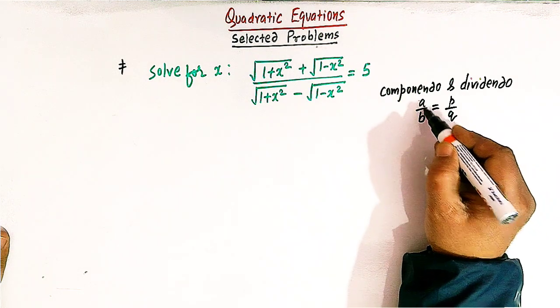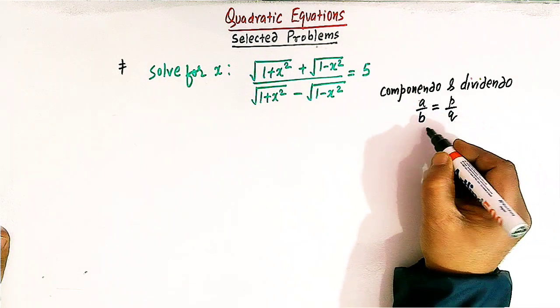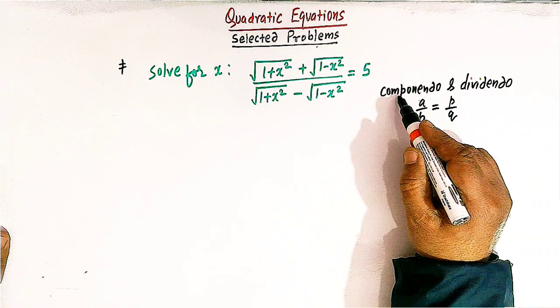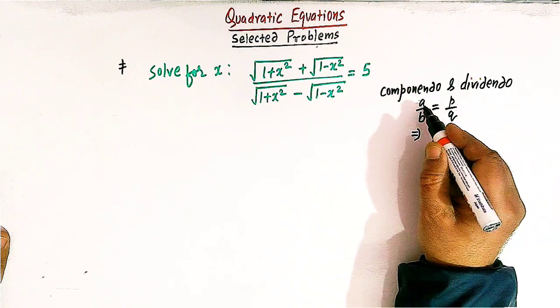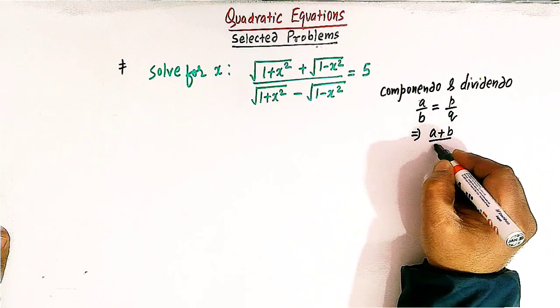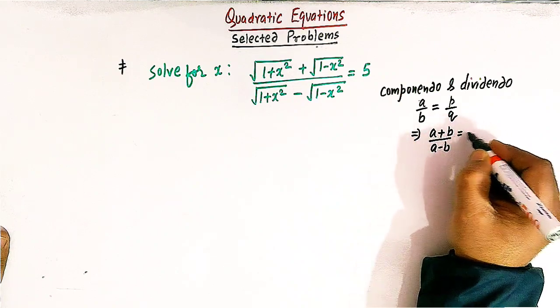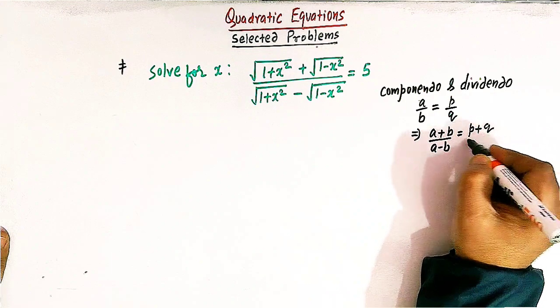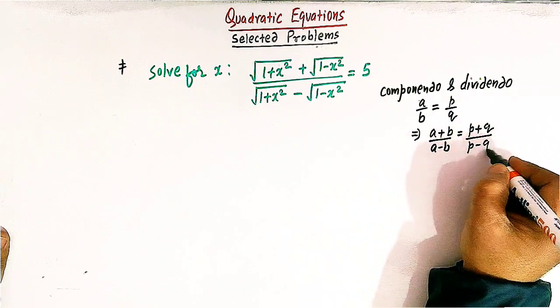So when A over B is equal to P over Q, componendo and dividendo says that A plus B over A minus B is equal to P plus Q divided by P minus Q, right?